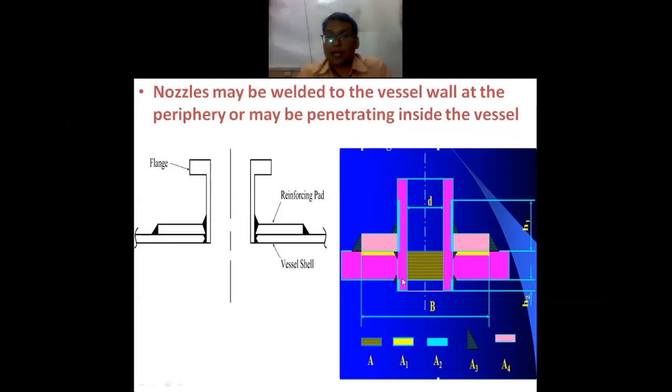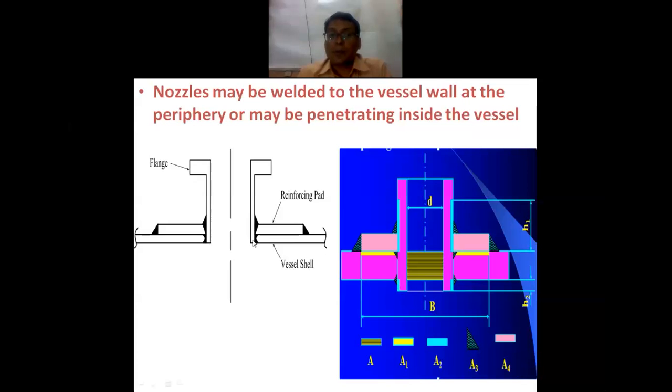This nozzle pipe is penetrating inside the vessel. That means I am providing a certain extra length inside the vessel. That is also going to provide additional support, additional strength when it is penetrating inside the vessel.